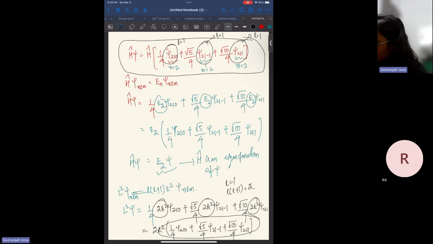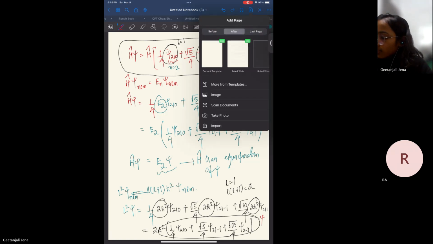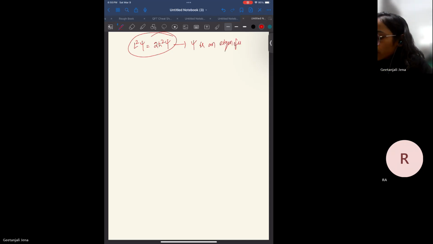If you see this one, this is nothing but psi, right? That means when L squared acts on psi, it gives 2h bar squared times psi. So this means psi is also an eigenfunction of L squared.